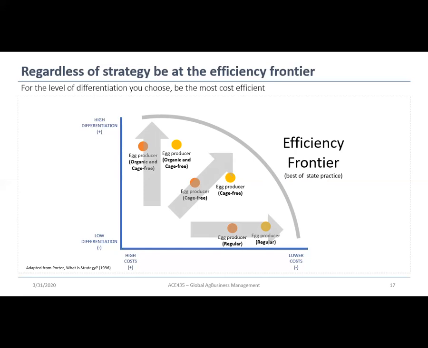And be aware as well that the efficiency frontier, with time, might change, because new technologies are emerging, and they might change, for instance, the cost for an organic producer. But no matter what, you always have to maintain your relative cost advantage relative to the differentiation level that you choose.